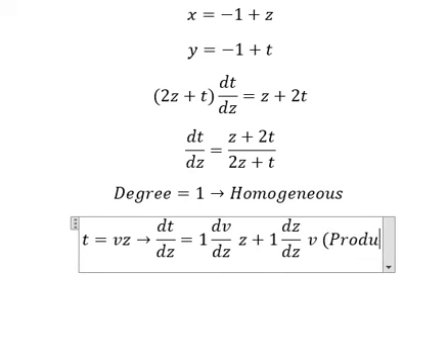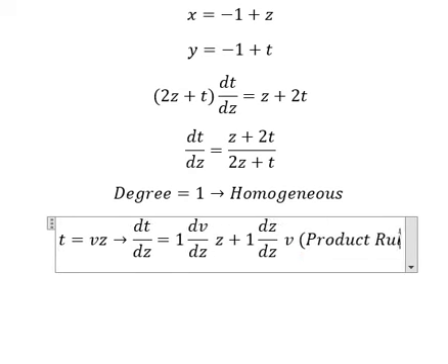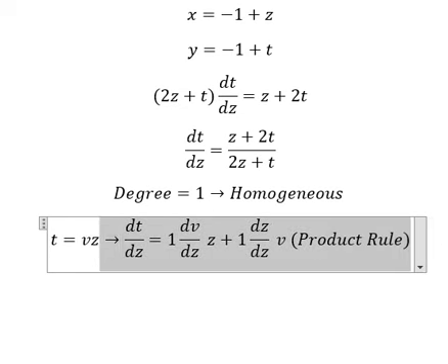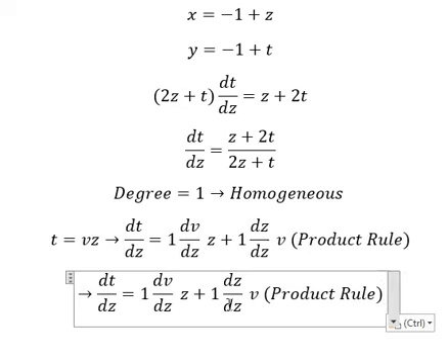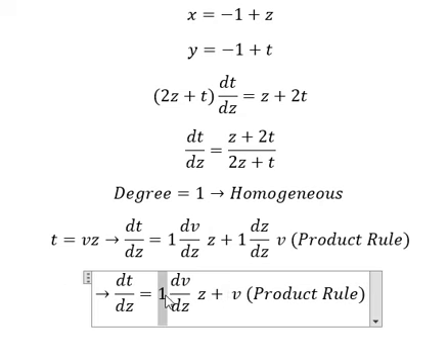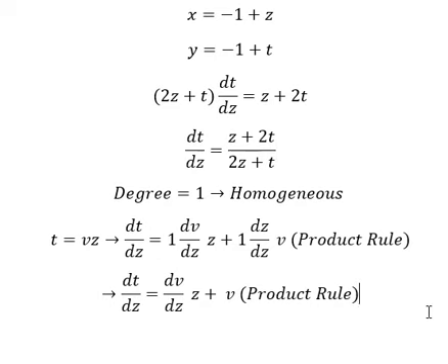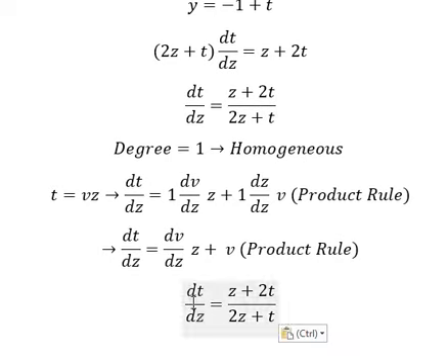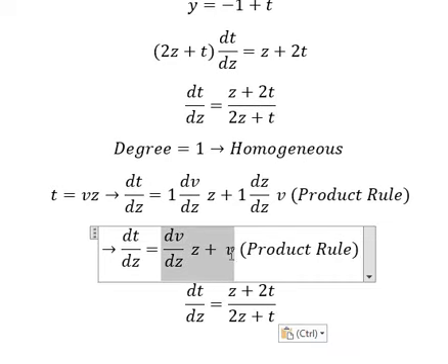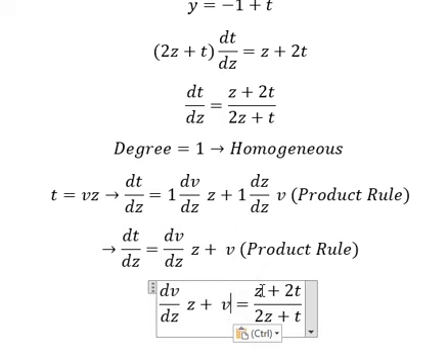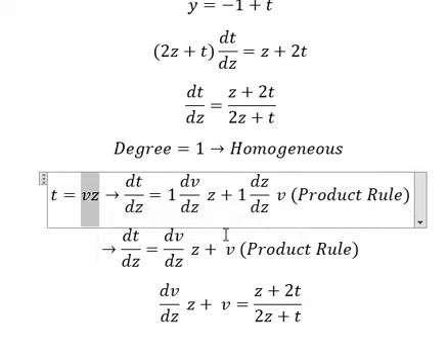And this is the product rule of the derivative. This one is 1. This one is 1. This one is this one. z we change, t we change for vz.